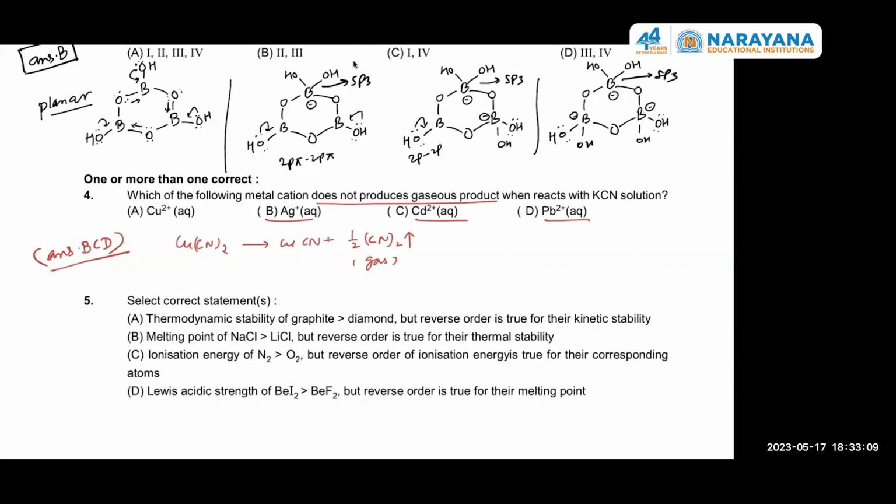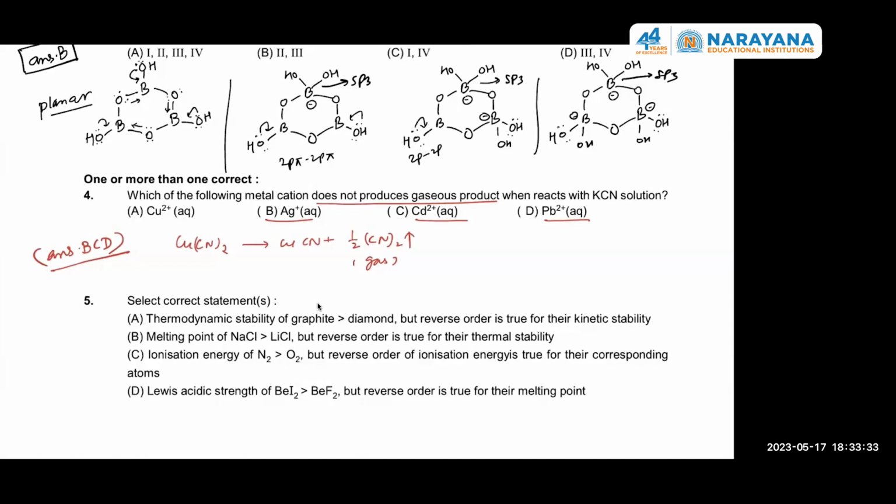Guru Nathan, see, the first statement is correct. You can refer to the chemical equilibrium portions also, or in the carbon family, we define that thermodynamic stability of graphite is more than diamond, but kinetic stability of diamond is more.